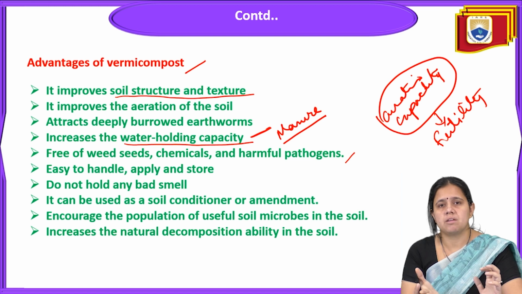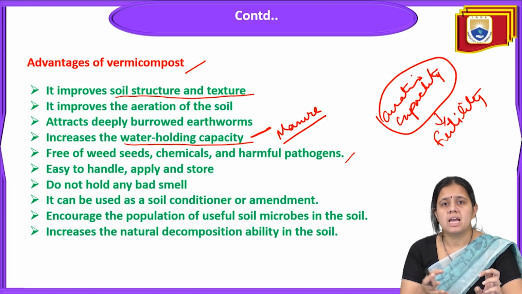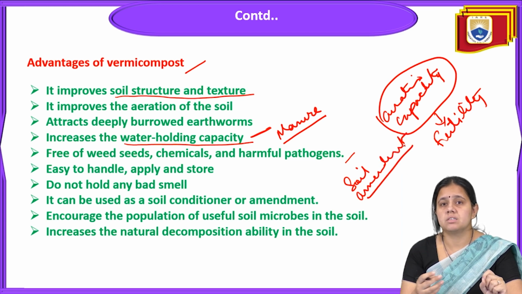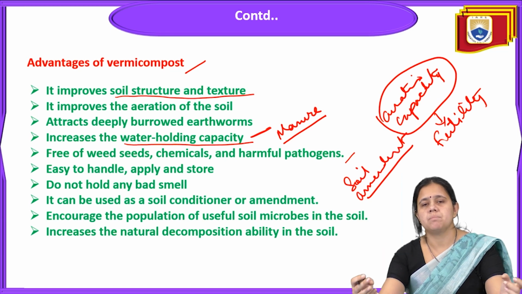You will add this type of vermicompost as a manure, as a conditioner into the soil, so that it acts as good nutrients and as a soil amendment. Okay, so these are the positive things of where vermicompost can be used.